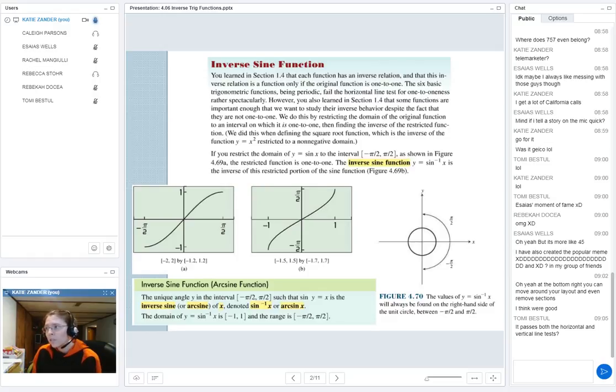So in order to find inverses of these three trig functions, we've got to restrict the domain. If we restrict the domain to just certain pieces of the graph, then we can call it one-to-one. So we really want to make sure that we just restrict the domain for where we're going to be looking at for the inverses of these functions, which really isn't that big of a deal.